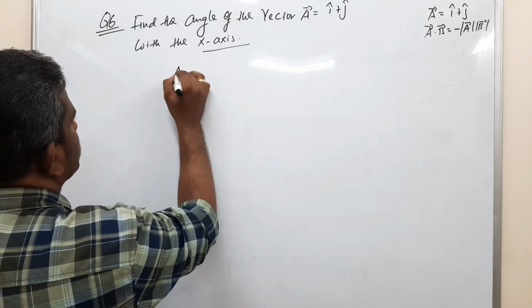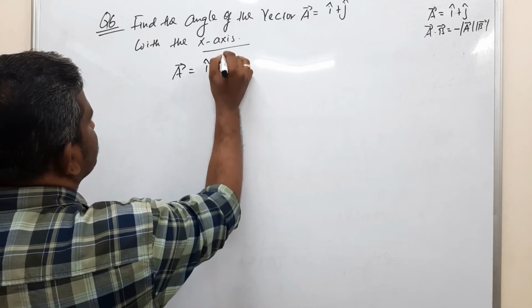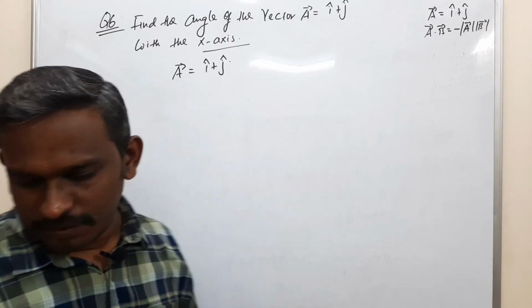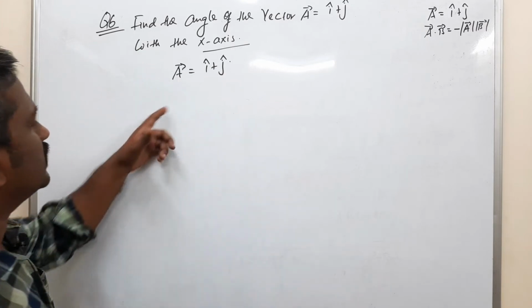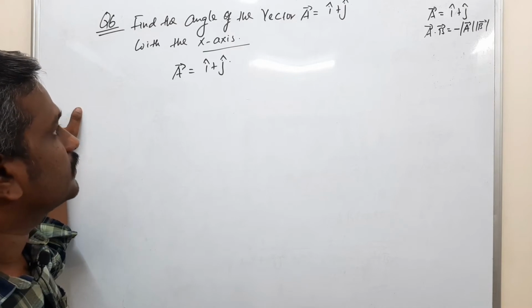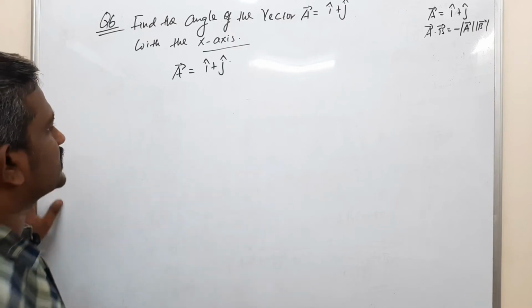So A vector is equal to i cap plus j cap, and we have to find the angle of this vector with the x-axis.